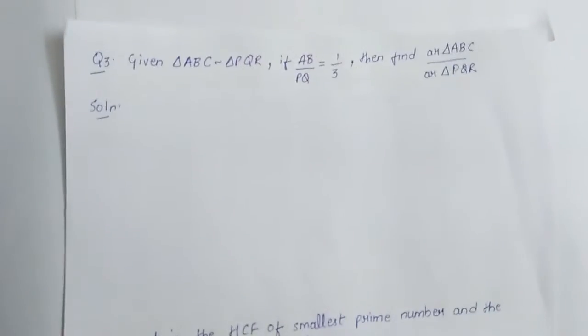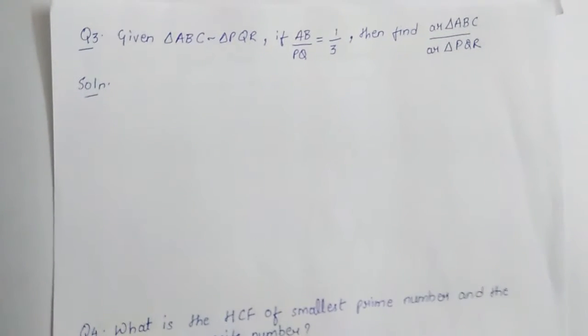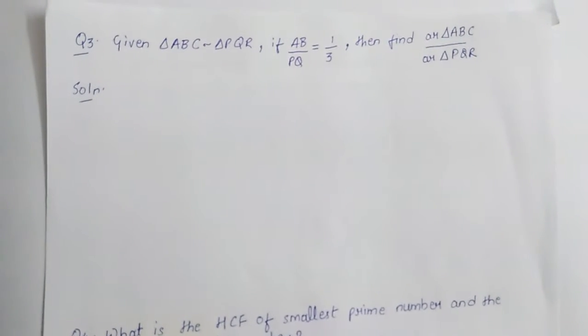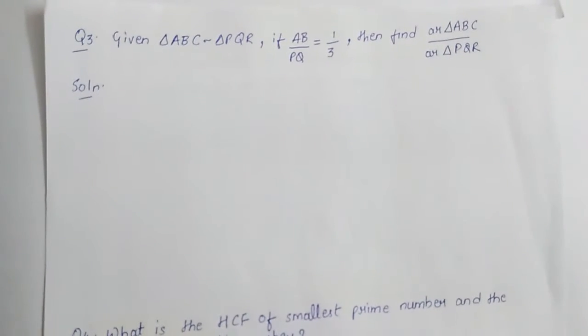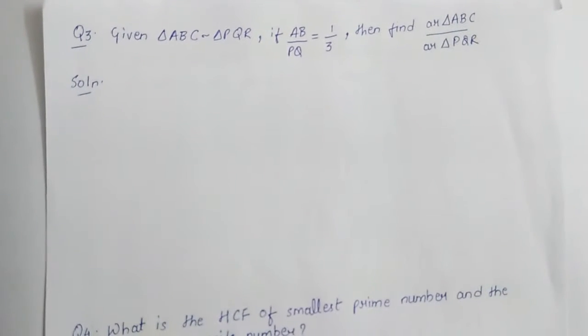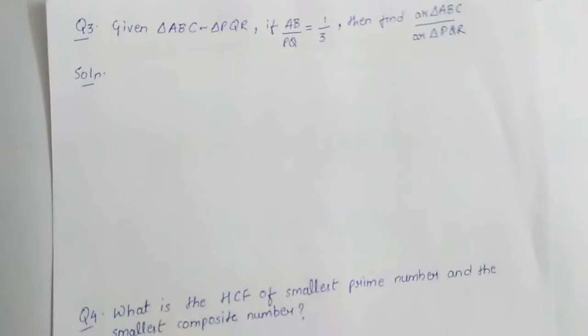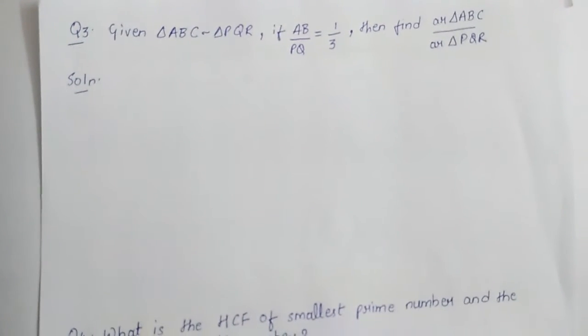The third question that we were asked is, we are given that triangle ABC is similar to triangle PQR, and if AB by PQ is equal to 1 by 3, then find the ratio of area of triangle ABC and area of triangle PQR. So it's just a simple property based question.